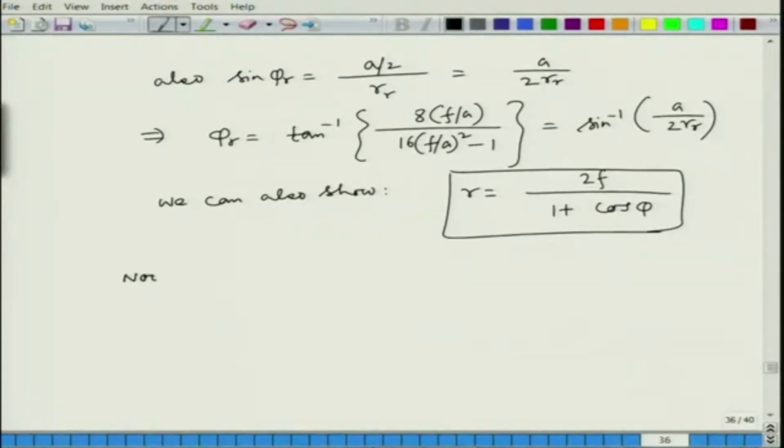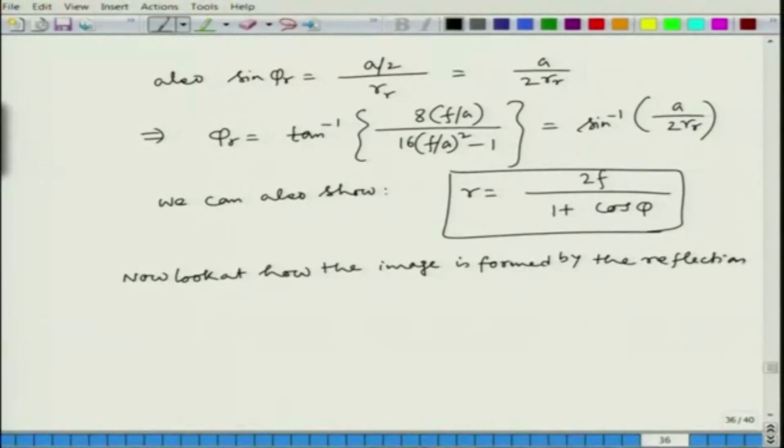Okay. Now, look at how the image is formed by the reflection based concentrator. Okay.